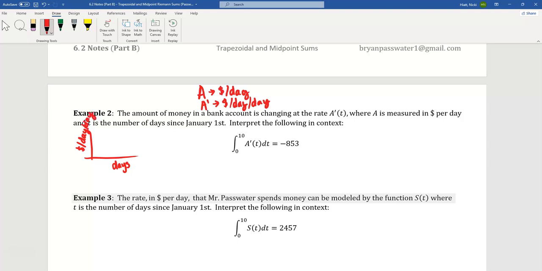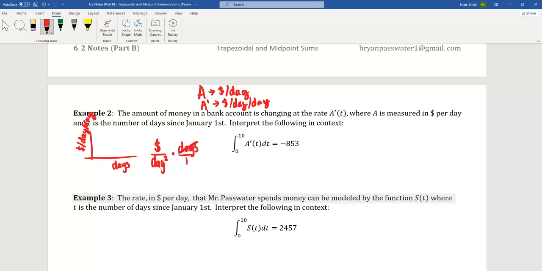If we integrate A prime, you can think of it like finding the area of a rectangle, even if you're doing the exact value. We're multiplying dollars per day squared, so you don't have a complex fraction, times the number of days, over 1.